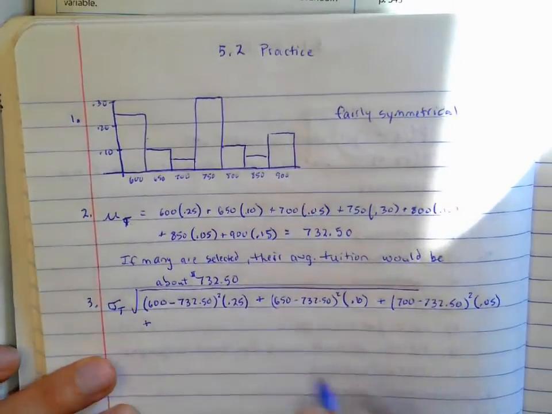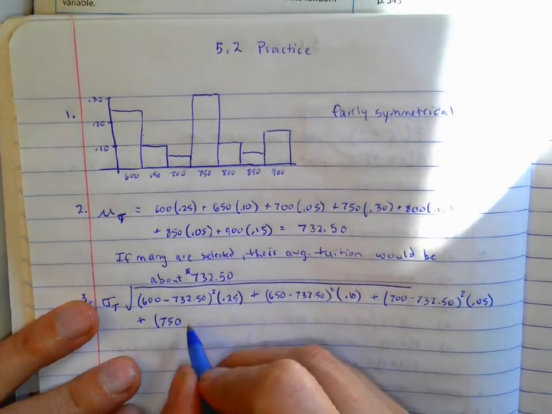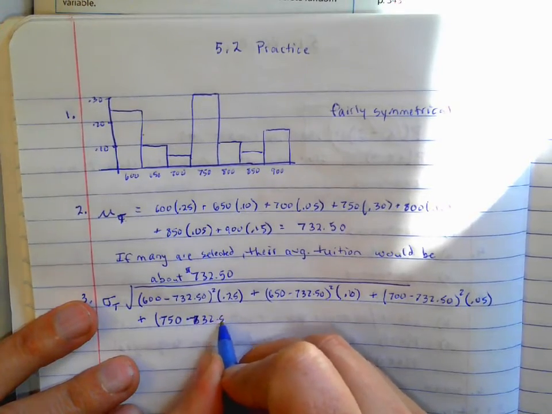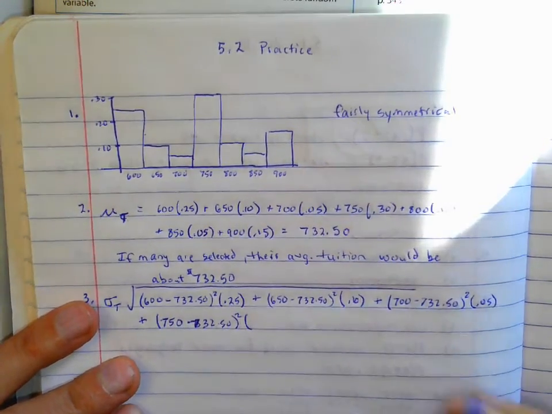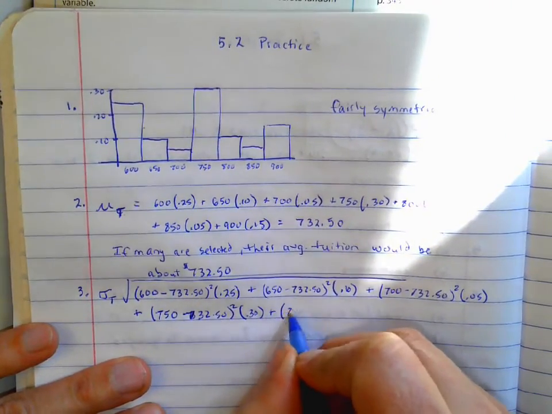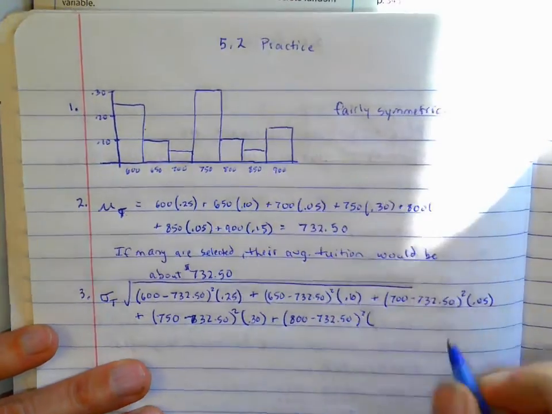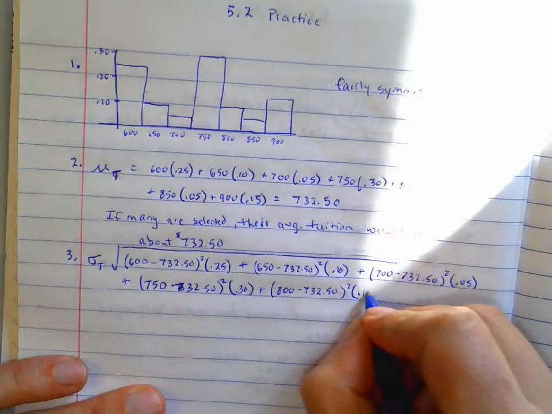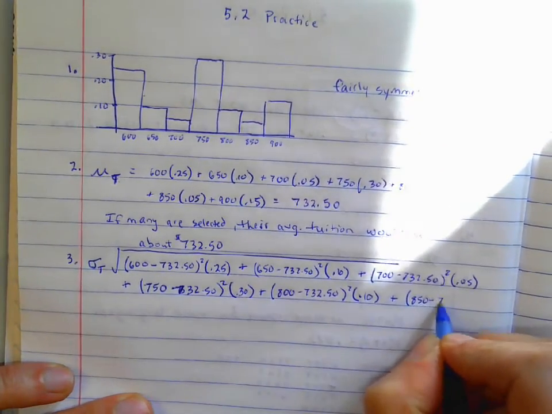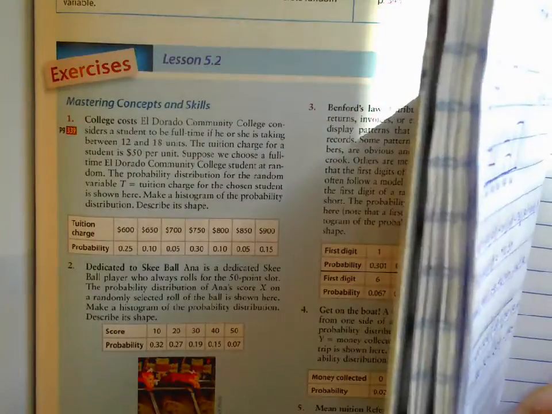I'll keep going on the next line. 732.50 squared times, 750 was 30%. And 800 was 10%. $850 was 5%.